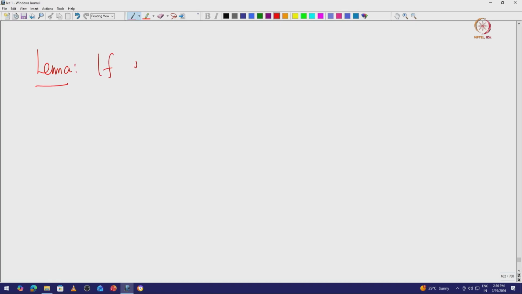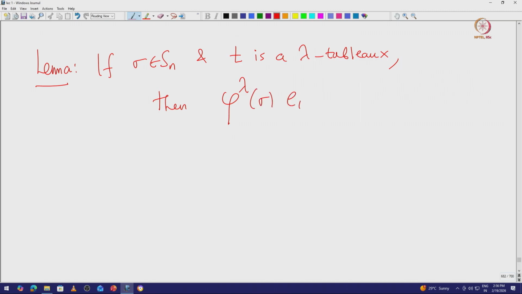If we take sigma in S_n and t is a lambda tableau, then if you apply phi^lambda of sigma on this E_t, what we get is exactly E_{sigma t}.